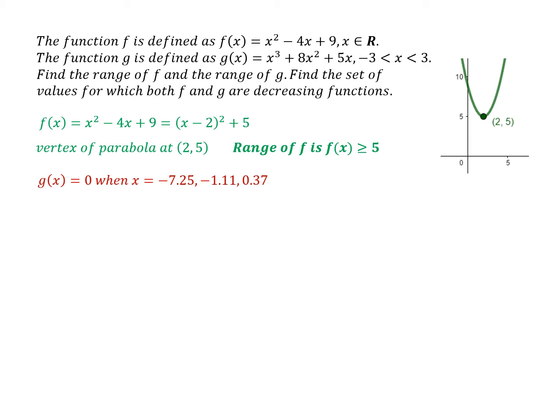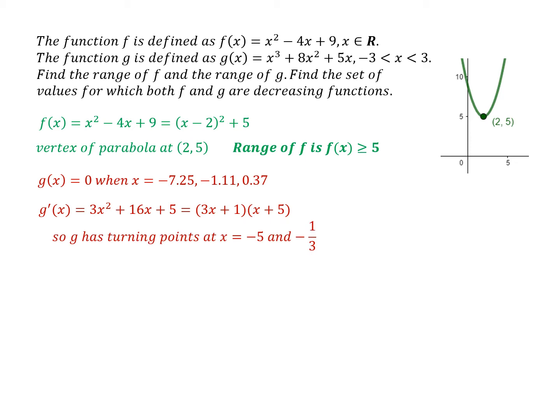I also would like to know where the turning points are, so I differentiate and get a nice factorizable expression for g dashed x, and when I set that equal to 0, I find the x values where the turning points are: minus 5 and minus a third.